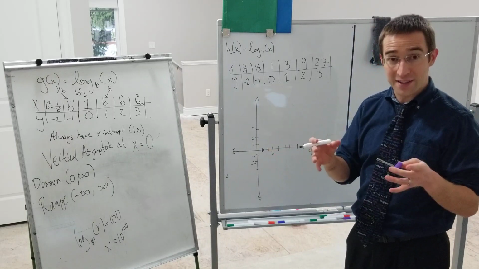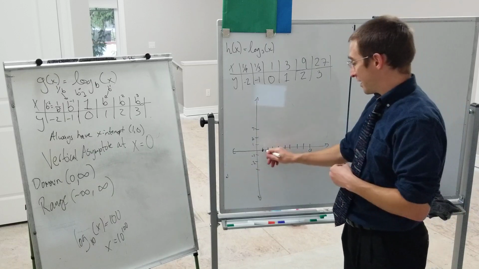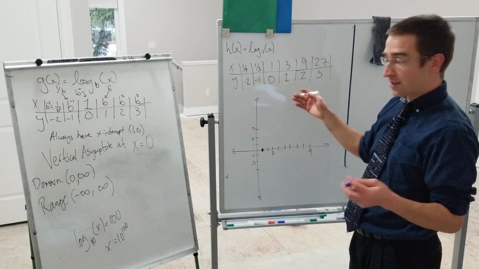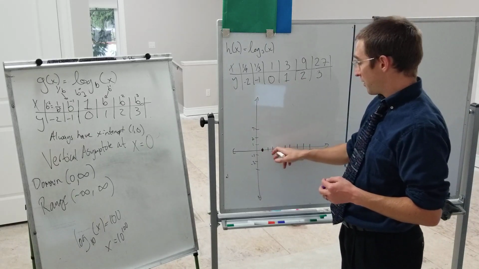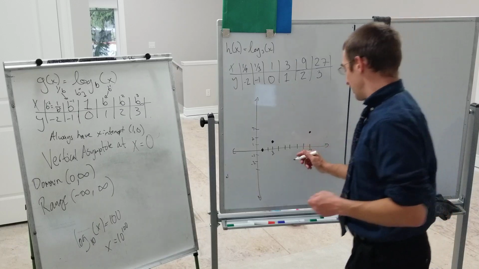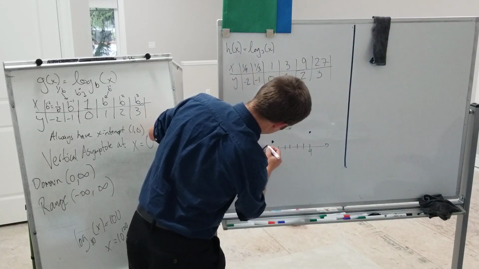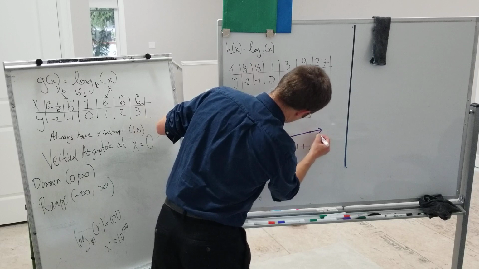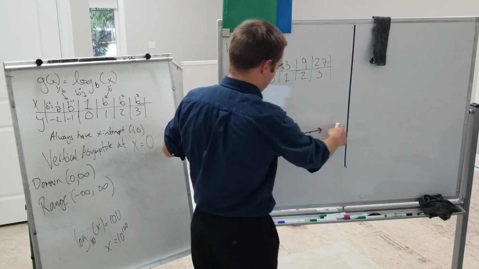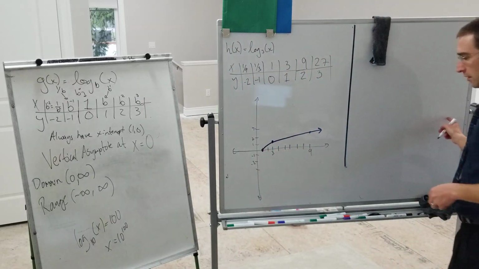I misspoke: x-intercept, not y-intercept. There is no y-intercept because we have an asymptote at the y-axis where x equals 0. And then (3, 1), (9, 2). We get a graph that looks like this. It's always increasing, but ever so slowly. It won't hit 3 until all the way out here at 27.